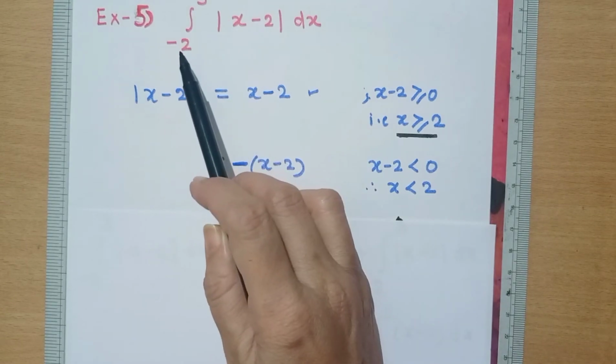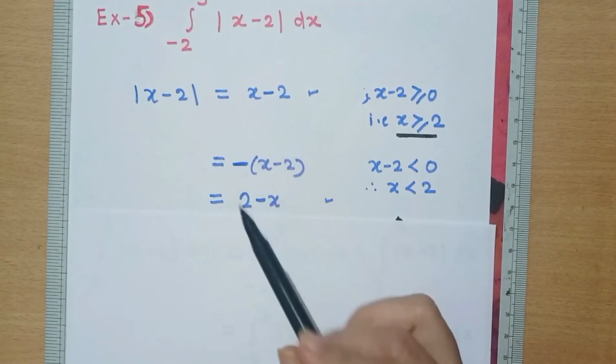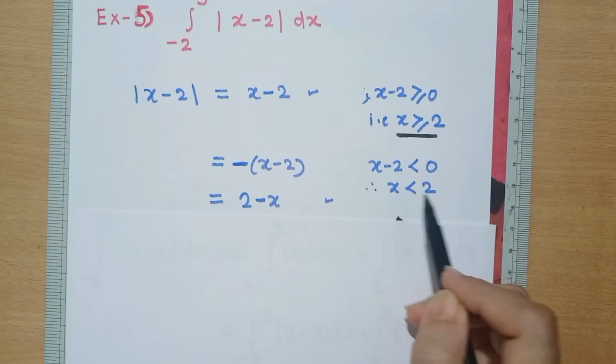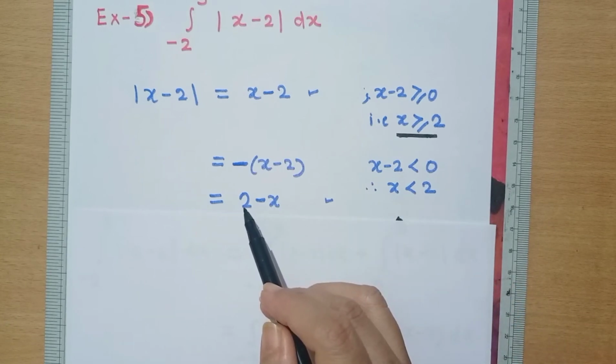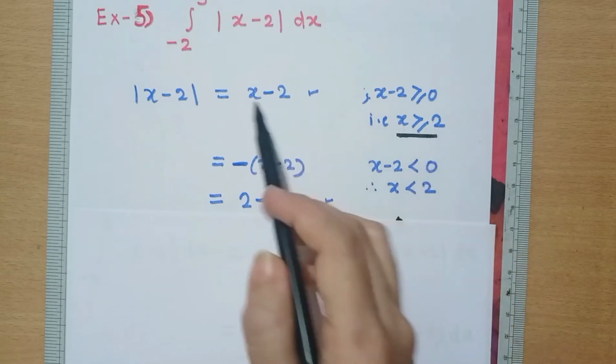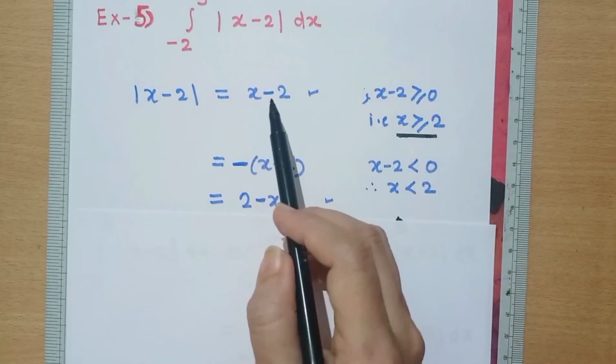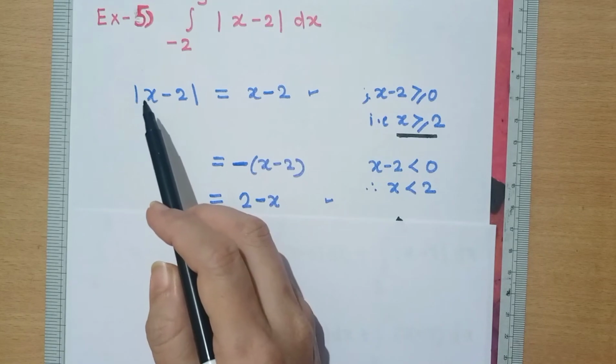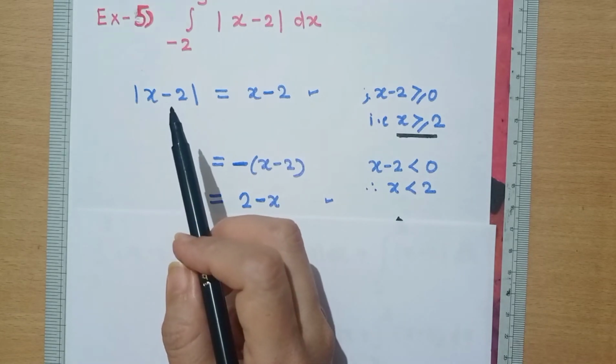For these limits we have to consider these functions. When x is strictly less than 2 we consider the function 2 minus x, and when x is greater than or equal to 2 we consider the function x minus 2 for mod of x minus 2.